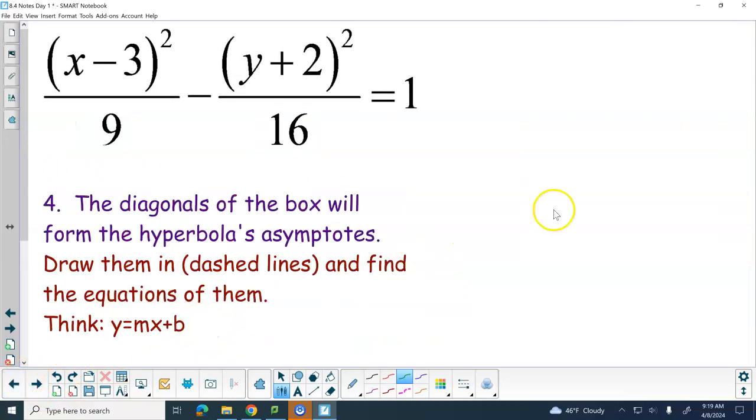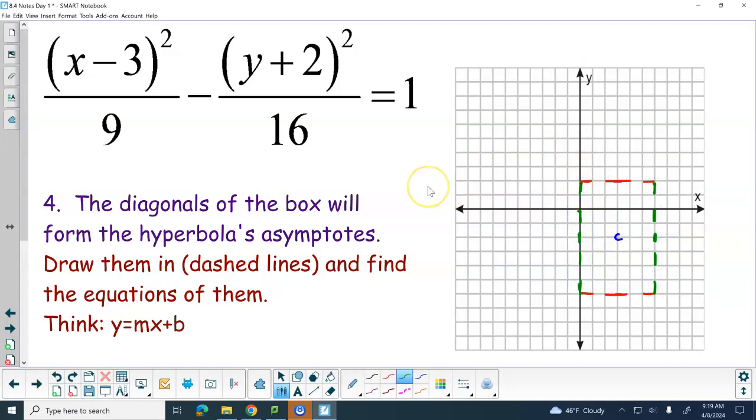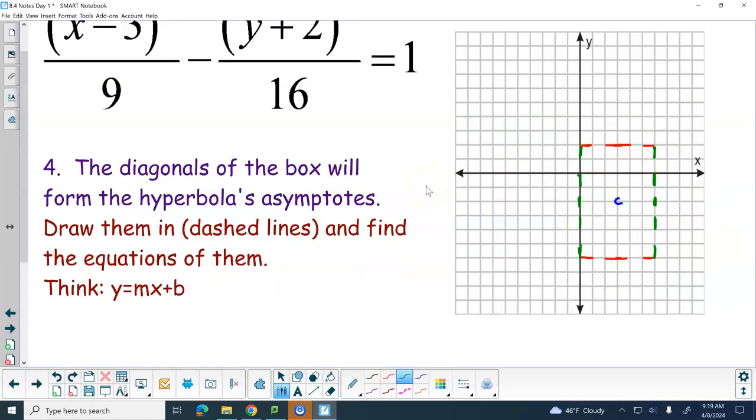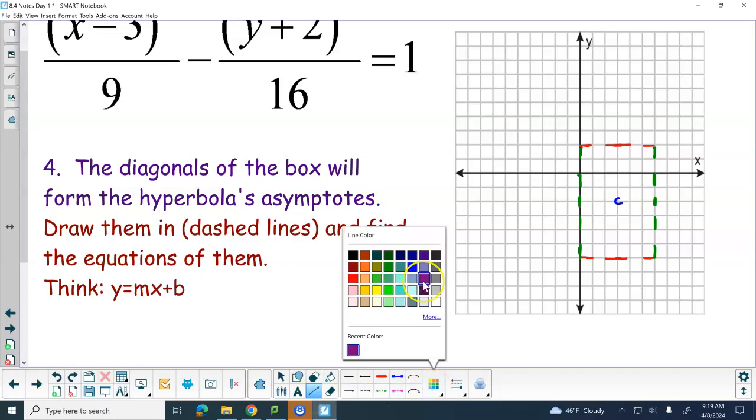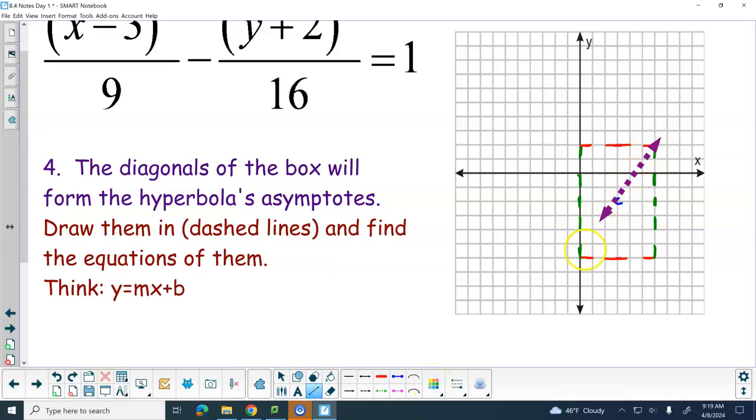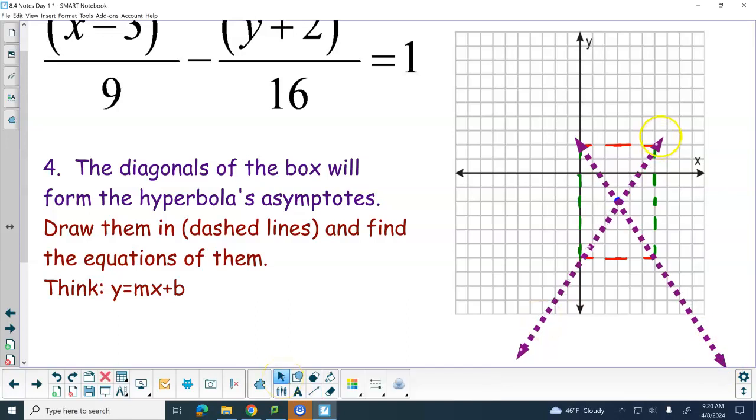Too far. Double click. Okay. So I'm going to grab a straight edge and I'm going to draw in the diagonals of this box. And I'm going to extend those diagonals a fair amount past the edge of the, come on, work for me now.